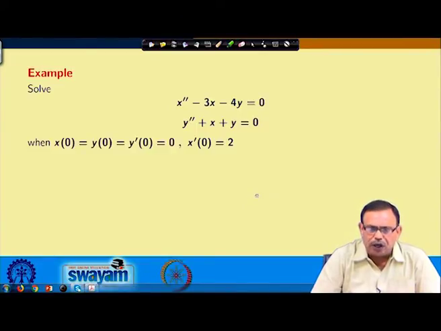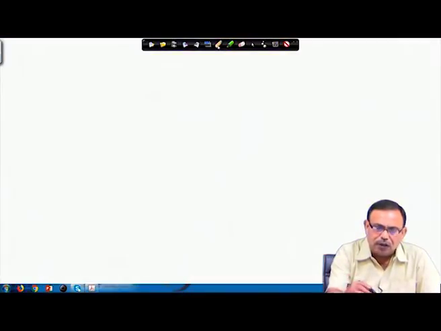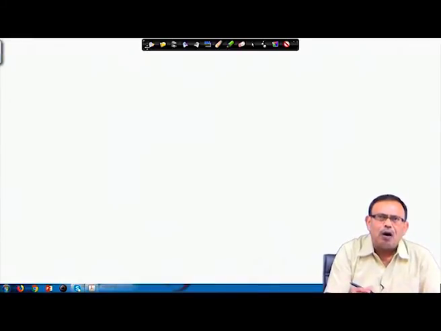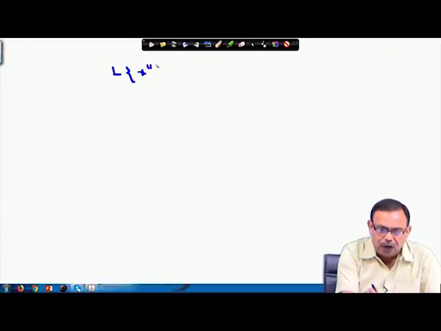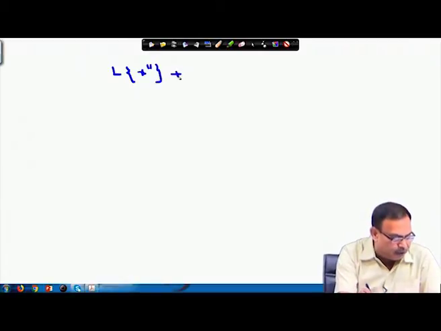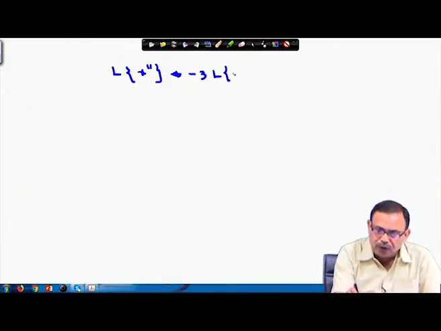To find the solution, of course, I have to go through a similar process, that is, I have to take the Laplace transform on both sides of both the equations. If I take the Laplace transform on both sides of the given equations, I will obtain Laplace transform of x double dash minus 3 into Laplace transform of x minus 4 into Laplace transform of y, and this is equal to 0.